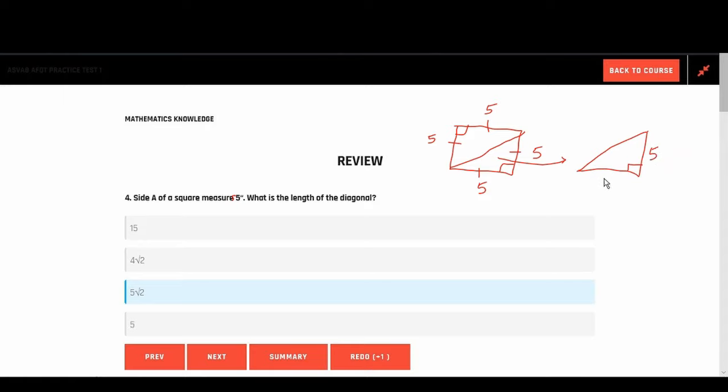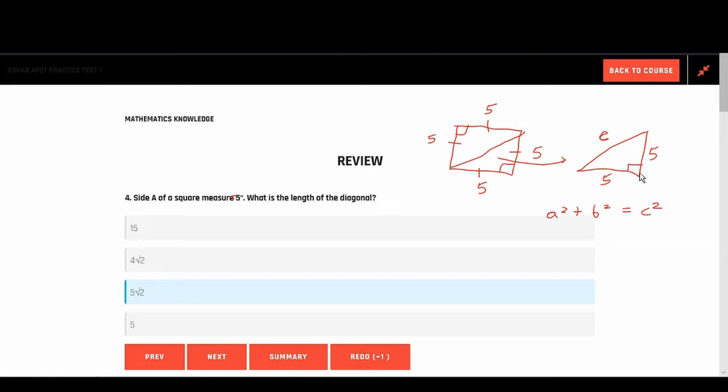And this side's 5, this side's 5. This is the unknown side, which I'm going to represent as C, that we're trying to find. And according to the Pythagorean Theorem, we know a squared plus b squared equals c squared, where c is the hypotenuse and a and b are the legs of the right triangle.